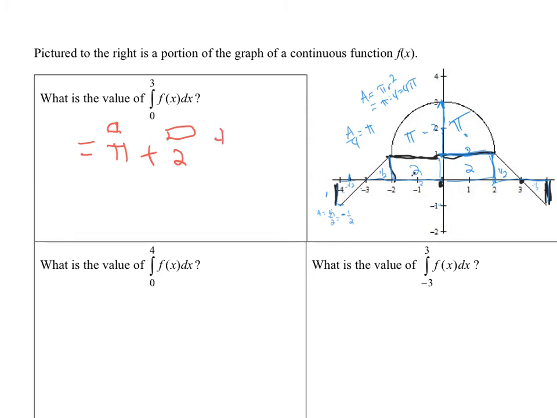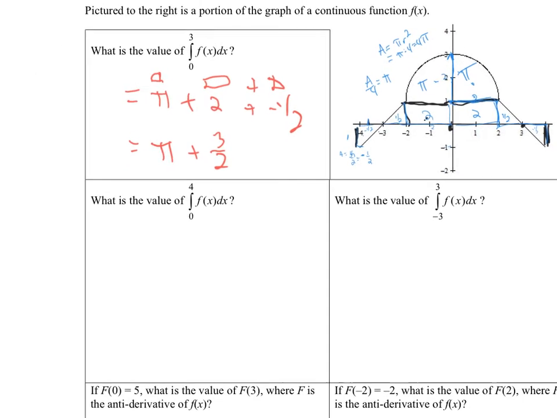And this was plus the triangle, which was a -1/2. So the best way to write this would be pi plus 3/2, because 2 minus a half is 1.5.